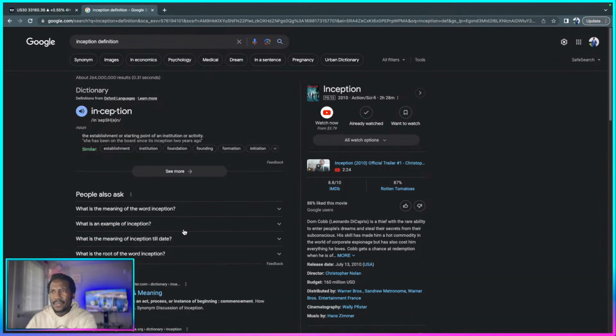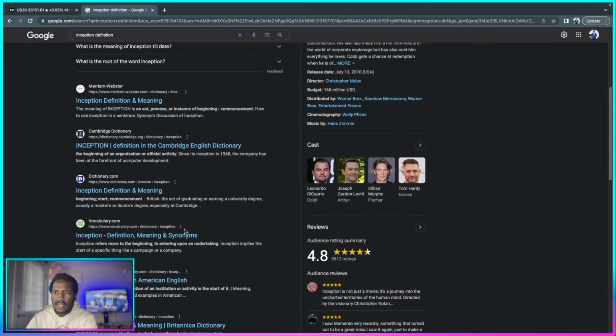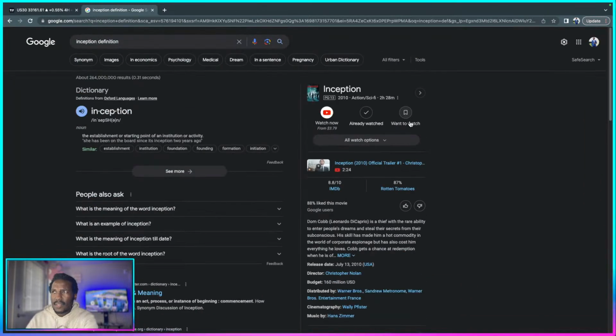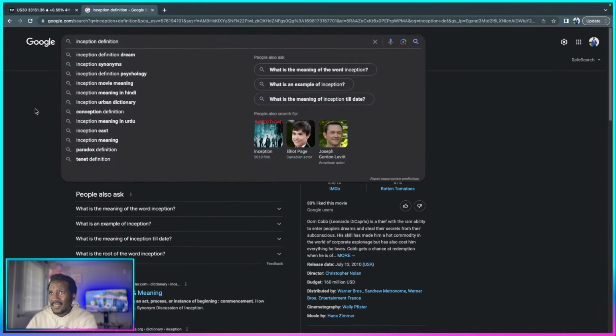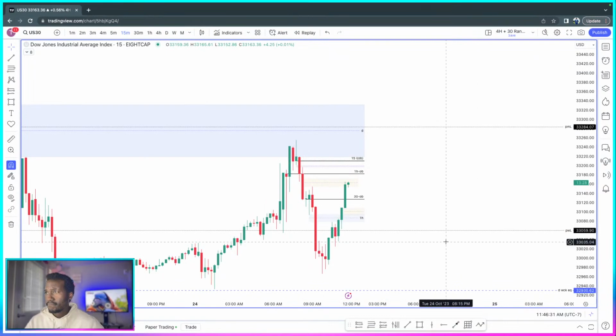Okay, yeah, we know inception is like starting, but what in the world? It has to mean something else, not just the establishment or starting point. But I believe that concept of inception starts from this movie where there's a story inside of a story inside of a story, something of the sort, blah blah.